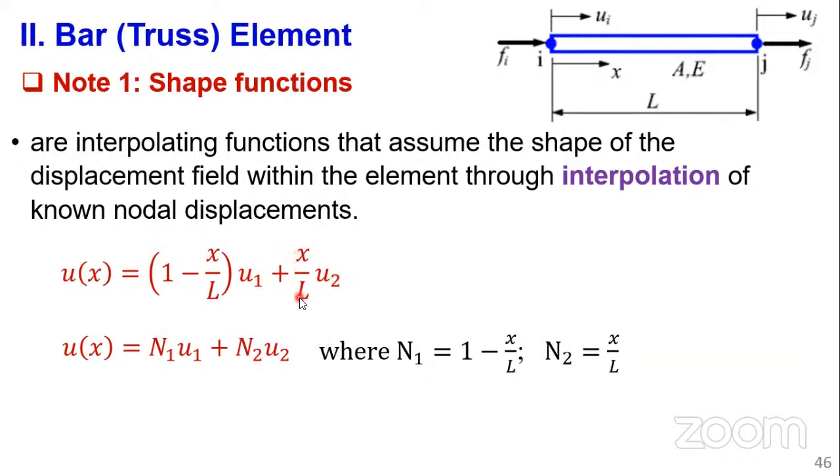And then there are these quantities which are varying: 1 minus x over L. This is varying as you move away from node 1. This quantity is tied to node 1, and this quantity is tied to node 2. So we can just use a simplified symbol, n1, and then we call the second one n2, where n1 is 1 minus x over L, and n2 is x over L.